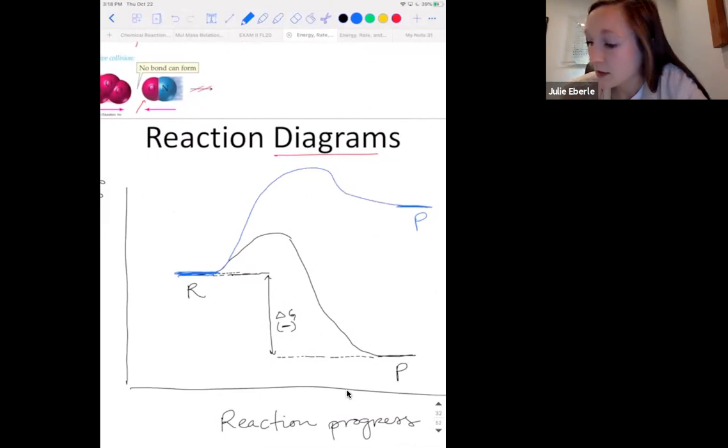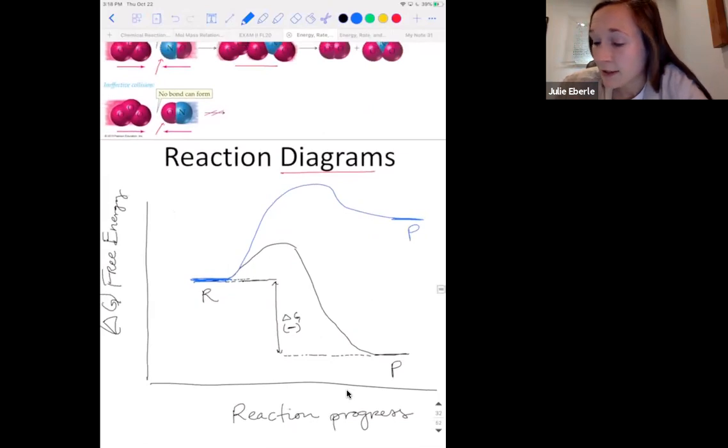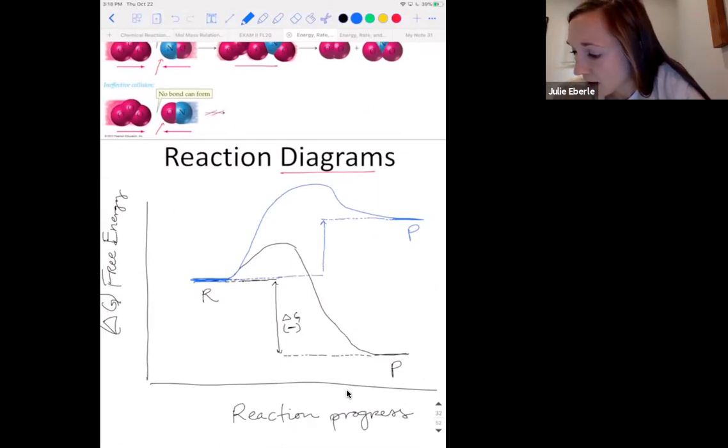All right, so that's another example of a reaction pathway. Now let's mark off the delta G for this one. Start with the energy level of the reactants, extend the line from the energy level of the products. That change from that line to that line, that is your delta G for this reaction.